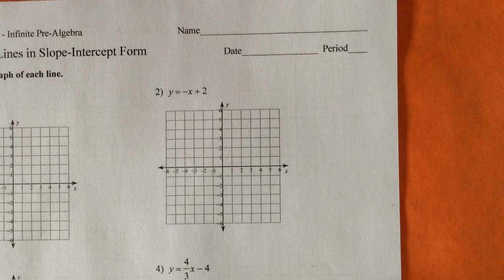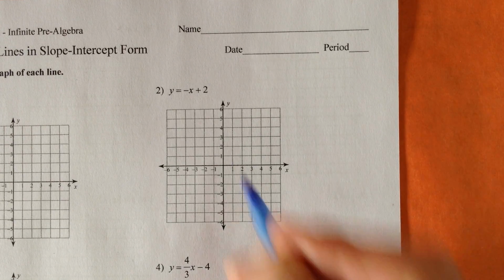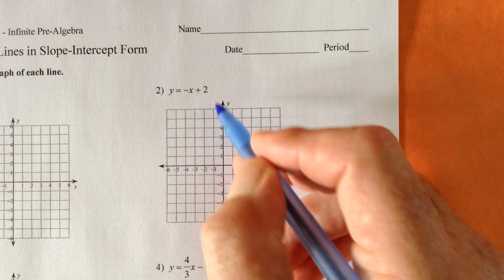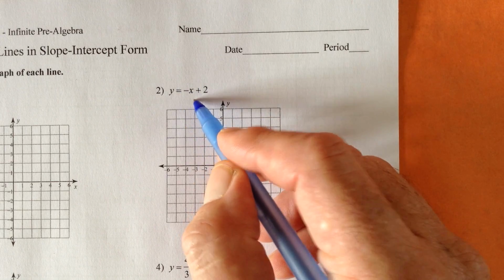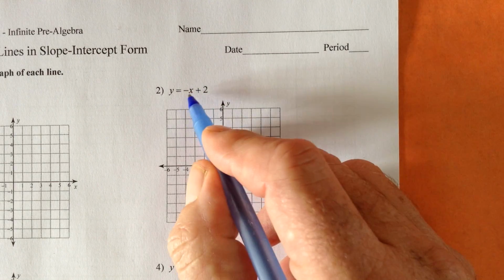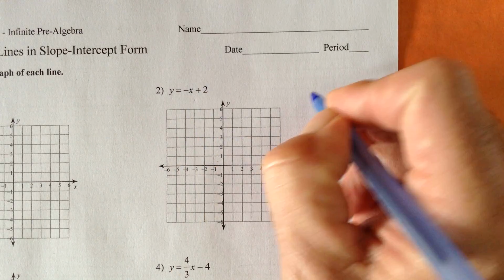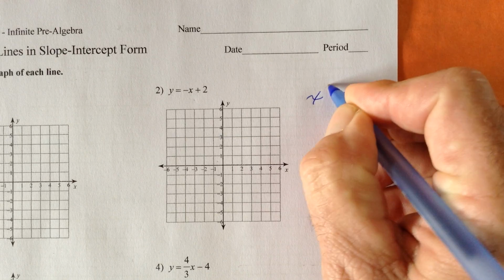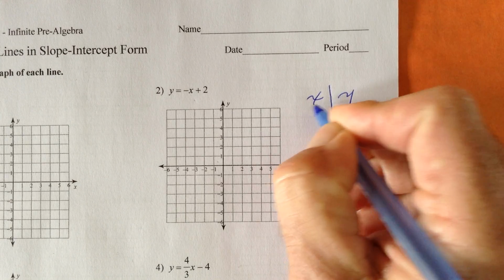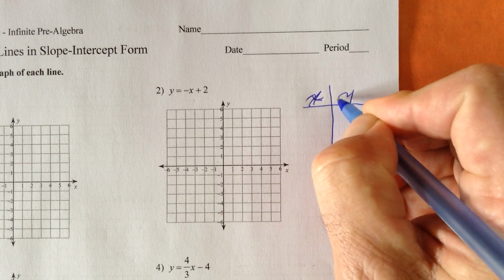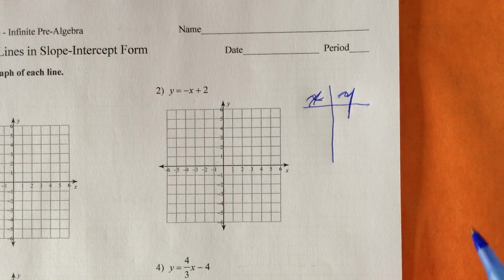But here the lesson is basically showing you how to find the points to create the coordinates for making the line on the graph. For example, you've got your x and y here. So I'm going to make my x and my y. I'm going to make a T chart where I have x and y. Okay?